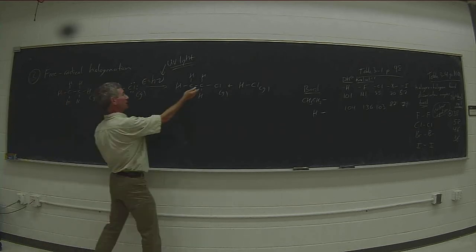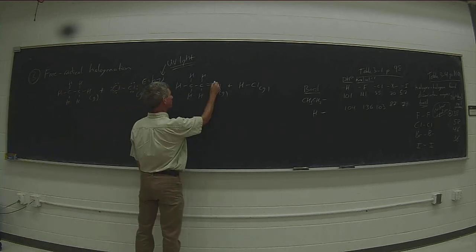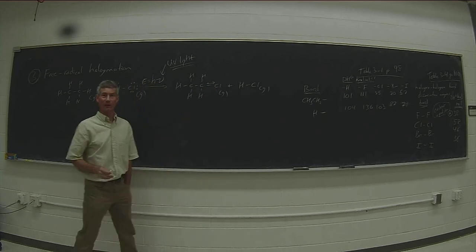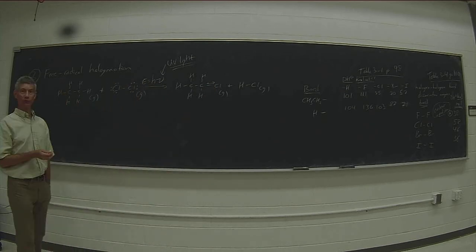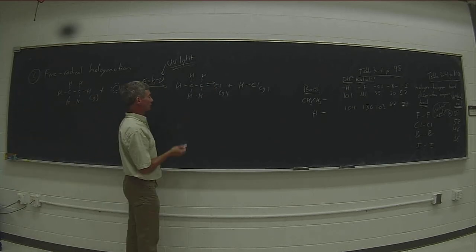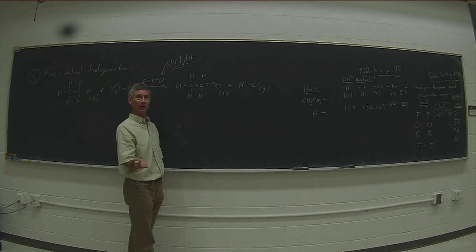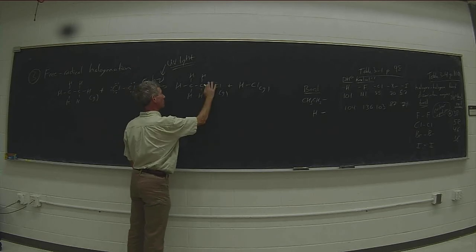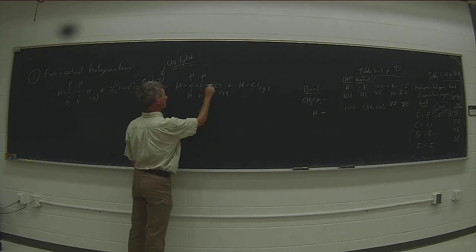So we're looking at a polar covalent bond that has partial positive on the carbon, partial negative on the chlorine. That enables us to do polar reactions where we can use nucleophiles with lone pairs of electrons to donate to the carbon and form new bonds, displacing the chloride.